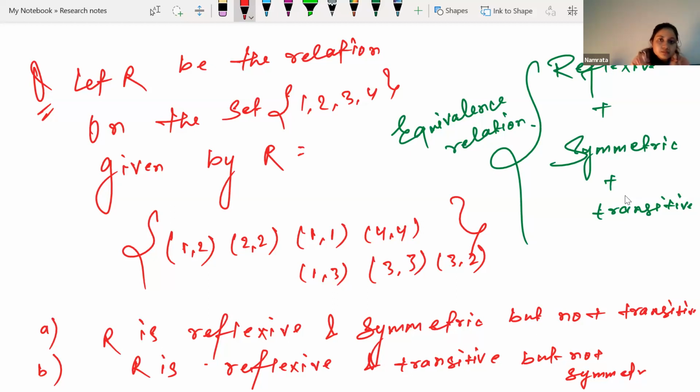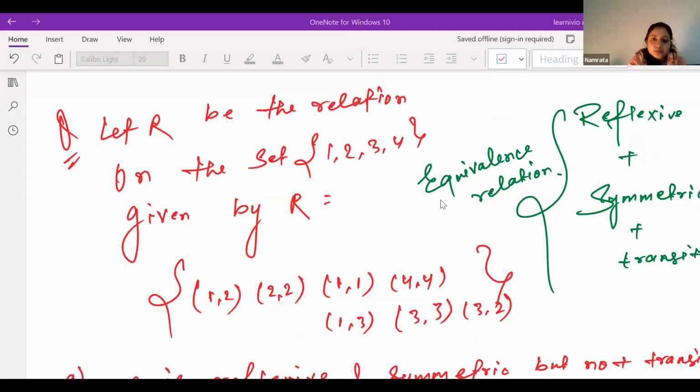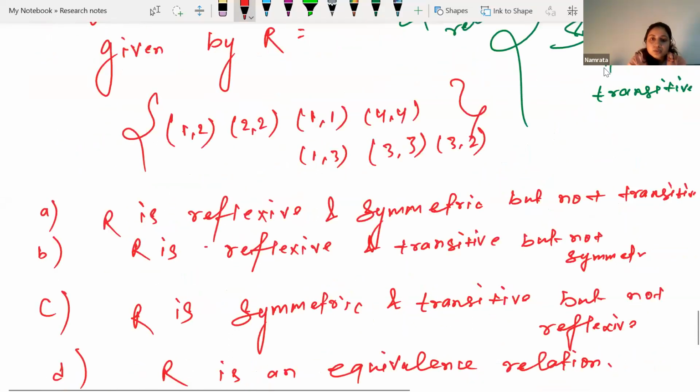Is it reflexive, symmetric, transitive? Reflexive and transitive but not symmetric. Everyone, is it so? Reflexive and transitive and not symmetric.